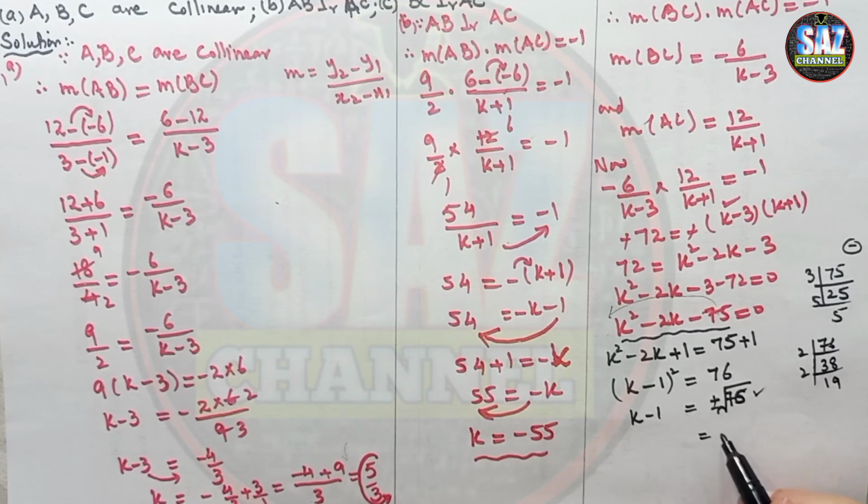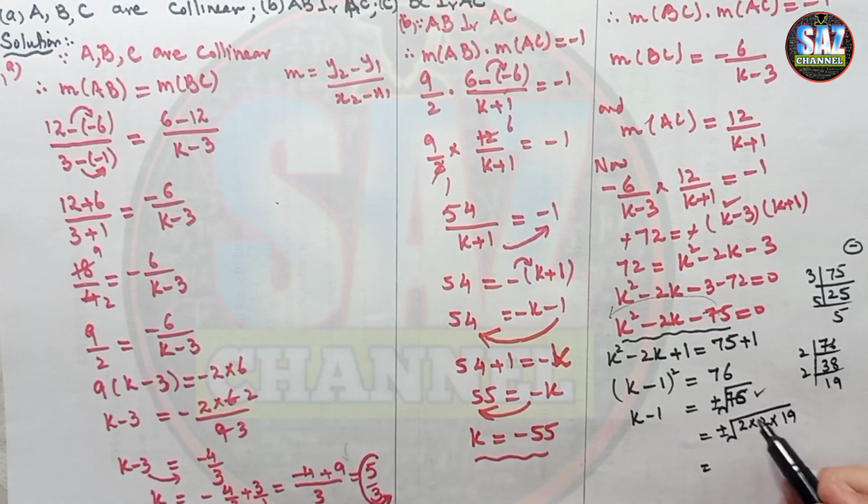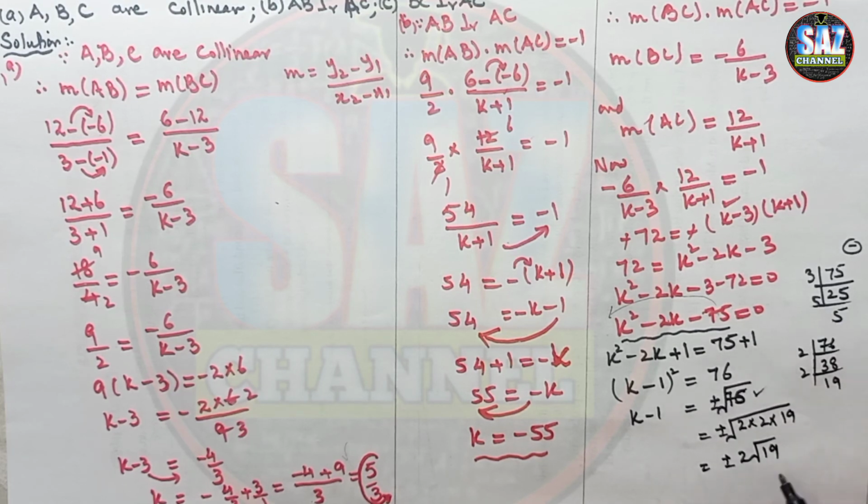So I can write it in the form plus minus square root of 2 multiplied by 2 multiplied by 19. Now here we have a square number with us. I can take it outside the square root symbol, so it will take the form plus minus 2 under root 19. So k can have the value, shifting minus 1 to the other side, 1 plus minus 2 under root 19.